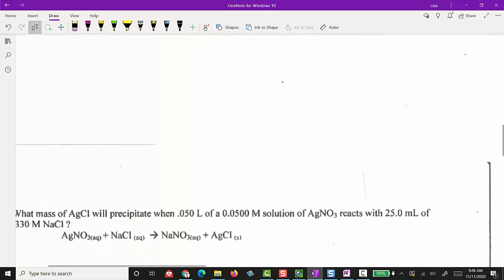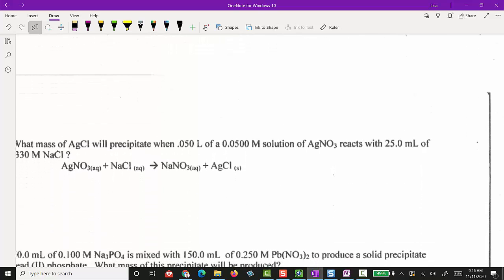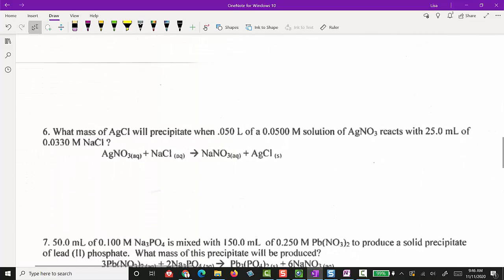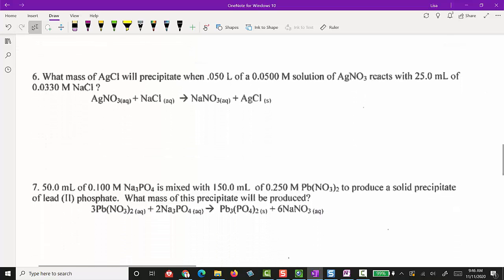All right, but now let's look at this one here. The key thing is we're given a volume and a molarity of both, so these are limiting reactant problems.